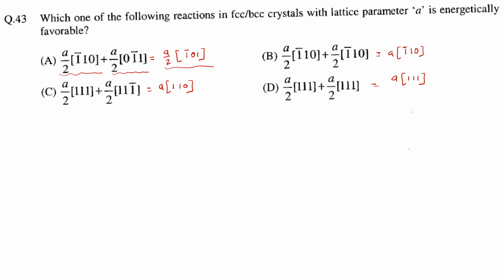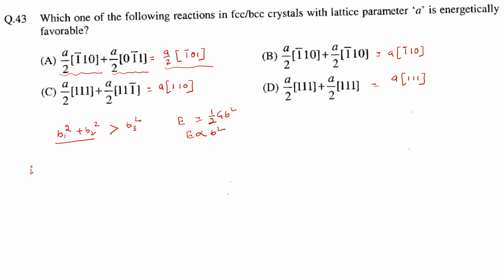To predict this, we need to have the condition that b1 square plus b2 square should be greater than b3 square. That means there will be a decrease in the energy, because energy is equal to half GB square, so E is directly proportional to B square.